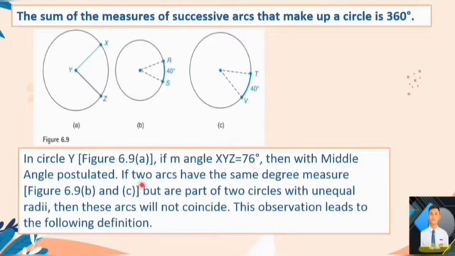If two arcs have the same degree measure, as in figure 6.9 parts B and C, but are part of two circles with unequal radii, then these arcs will not coincide. This observation leads to the following definition.